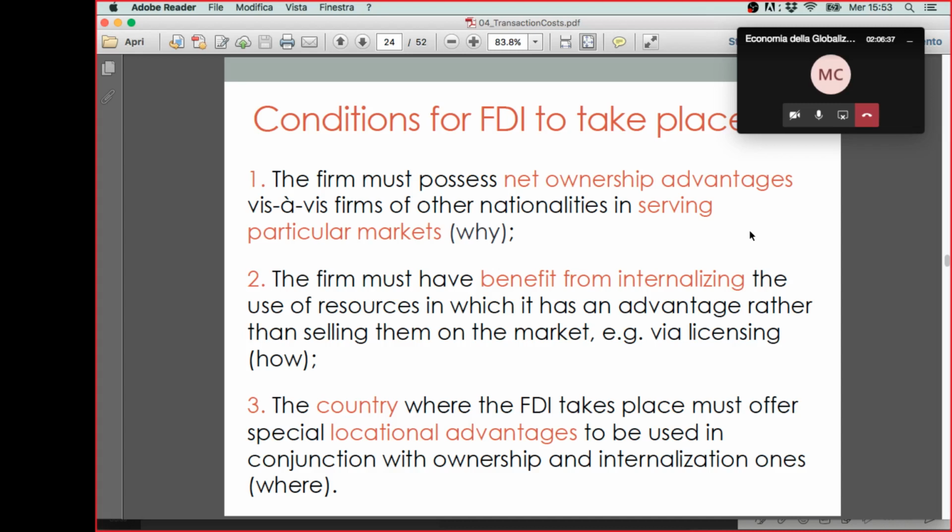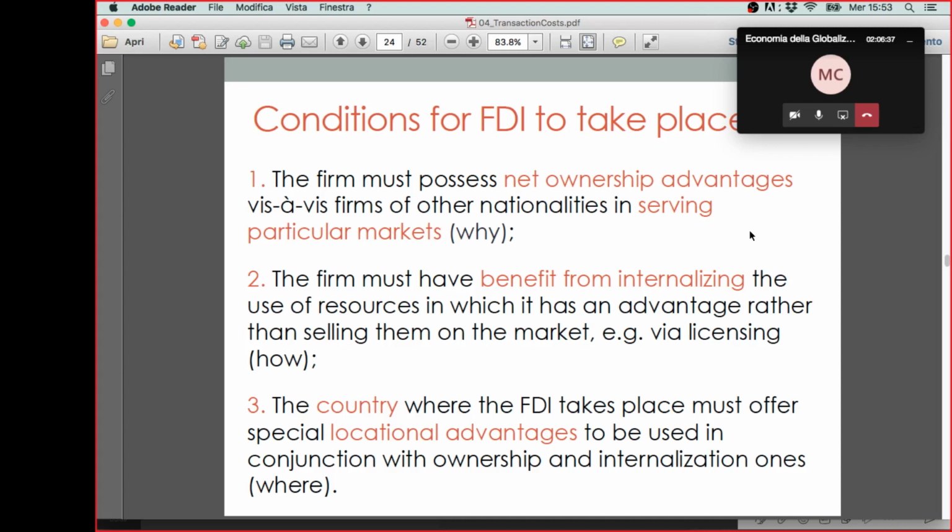Basically, suppose that you get data about different types of foreign direct investments. You can try to correlate this foreign direct investment to some characteristics that you observe at the regional level, at the firm level, or other factors. And this paper by Ascani, Crescenzi, and Iammarino, published in 2016, is doing exactly this.